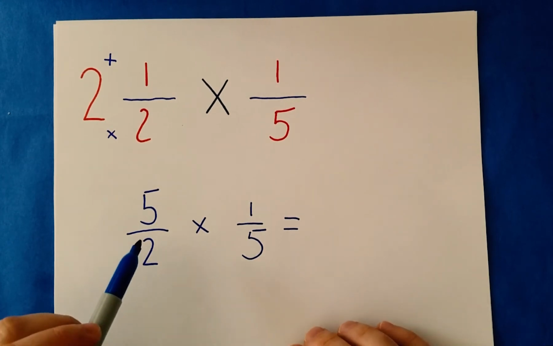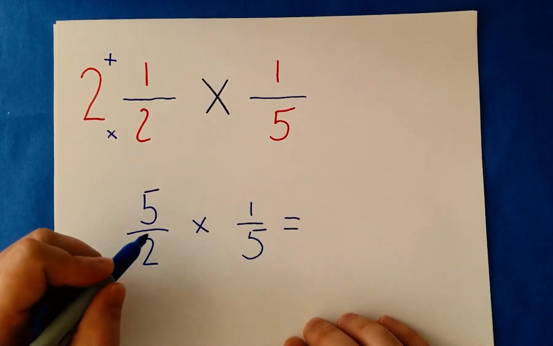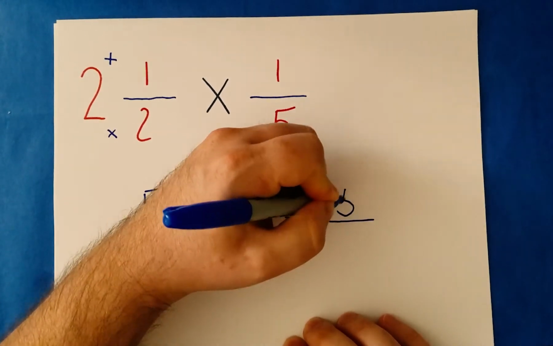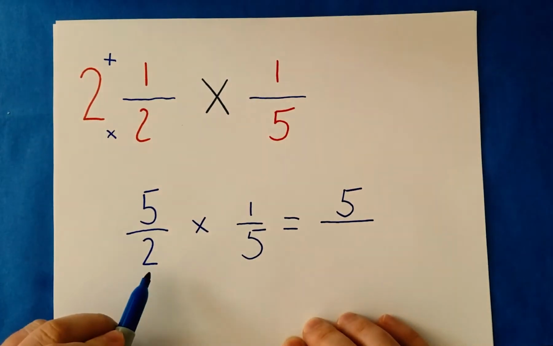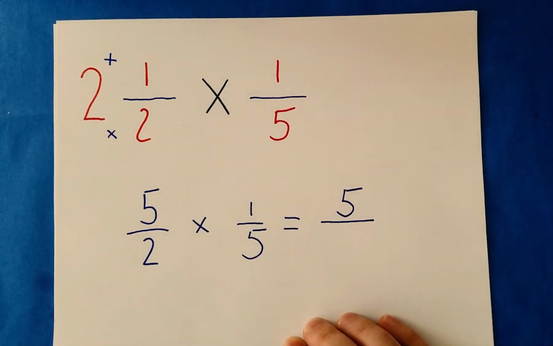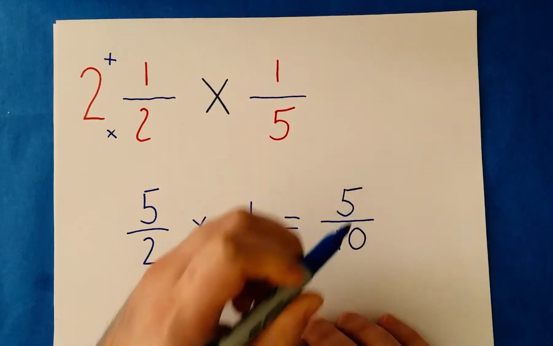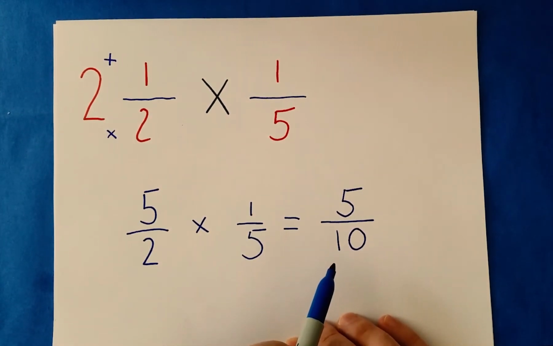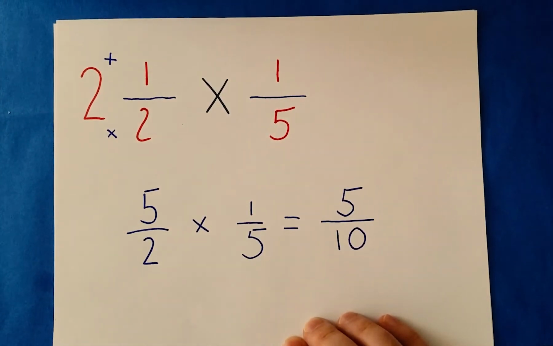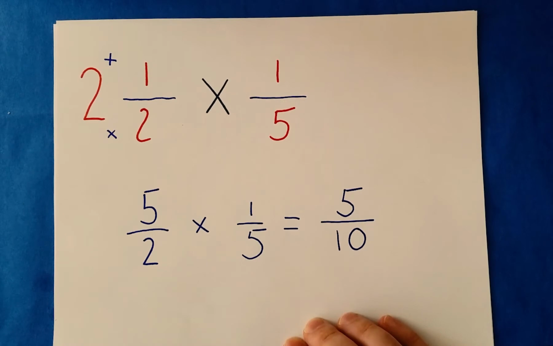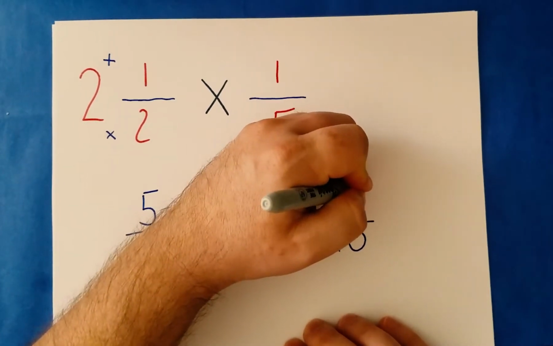What do I do? I multiply straight across. 5 times 1 gives me 5. 2 times 5 gives me 10. Can I simplify 5/10? What is the greatest common factor between 5 and 10? What can I divide both of these by? I can divide them both by 5.